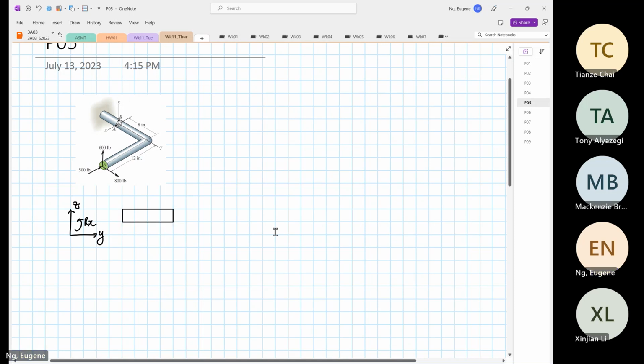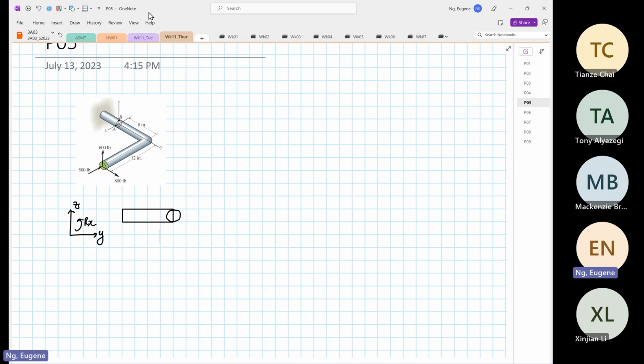Right, and then we have a round thing somewhere around here. Okay, so what we have now, we draw our elements. This is our element A, on top element B, with the centroid relative to the elements.